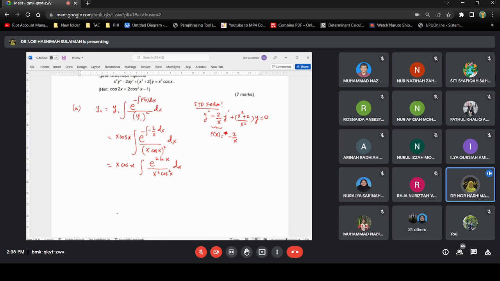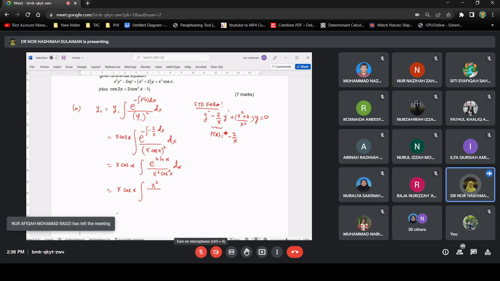Okay, so you akan dapat apa ni? x cos x, lepas tu x kuasa 2 over. What happened to the x squared? It got cancelled out, isn't it? And then you have 1 over, ini boleh cancel out. Can I simply cancel out the terms? Boleh kan? So what is 1 over cos squared x? Secant squared x dx.